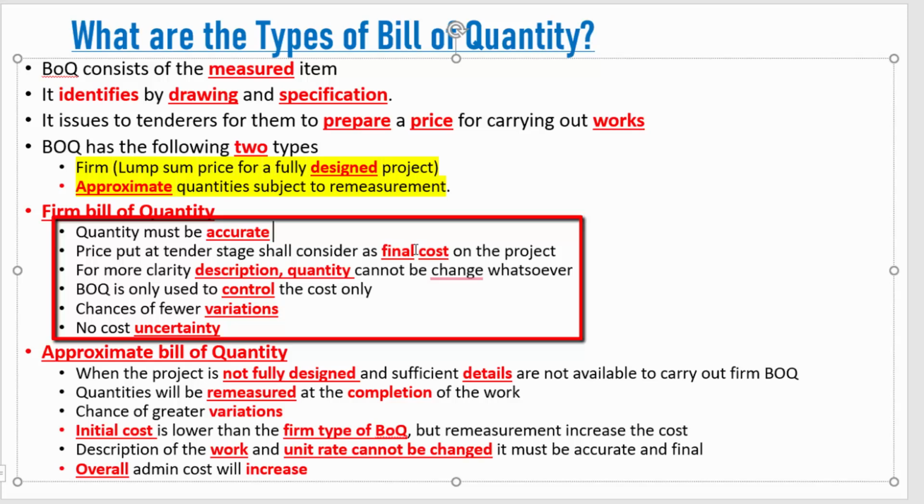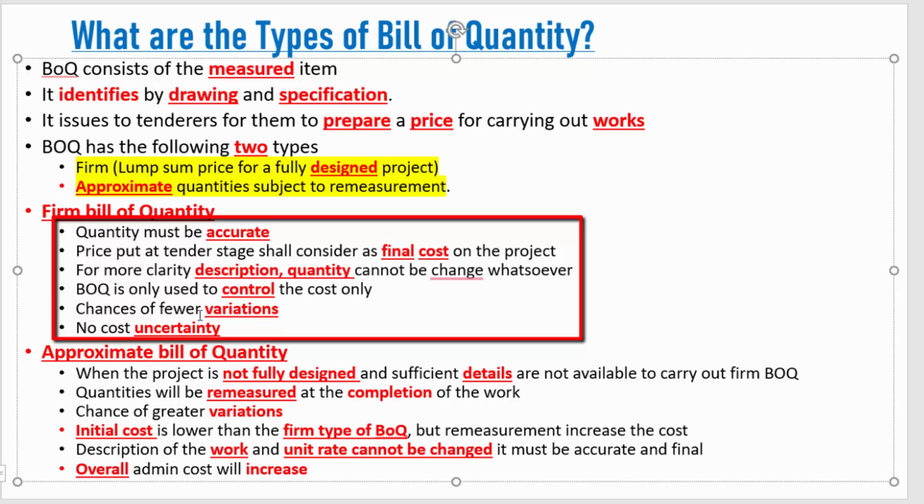Whatever is mentioned in the contract document, the amount we consider at 5,700,000, means this is the final cost that the client will pay to the contractor. For more clarity, description and quantity cannot be changed, so this will remain the same, and all other things will automatically be the same.